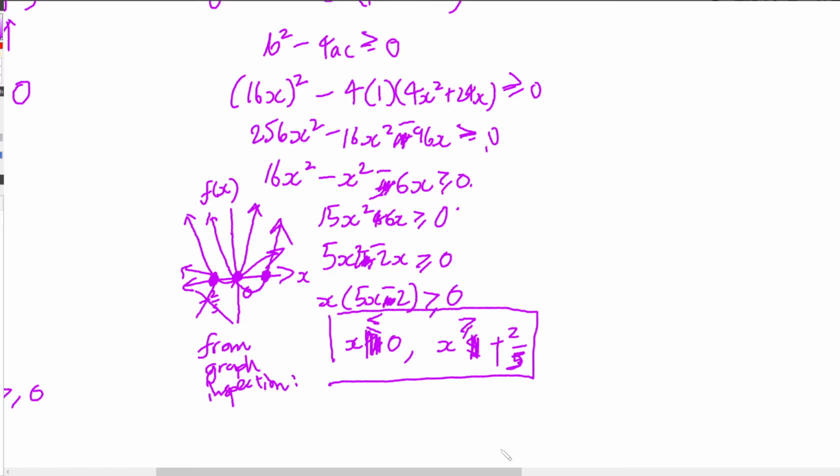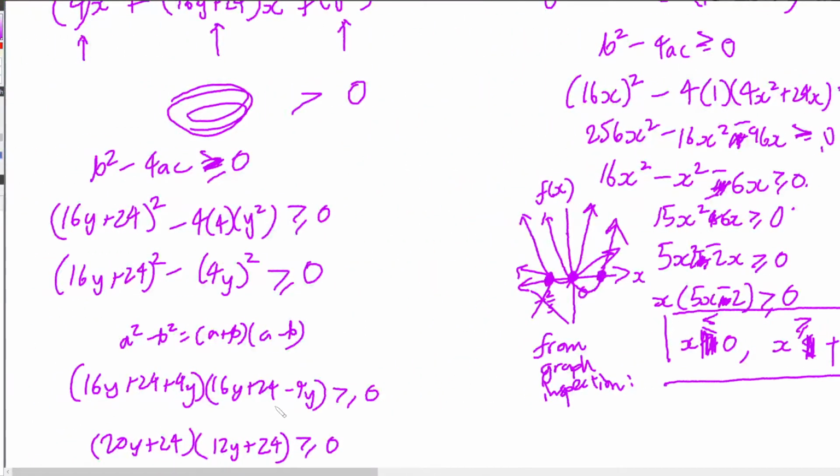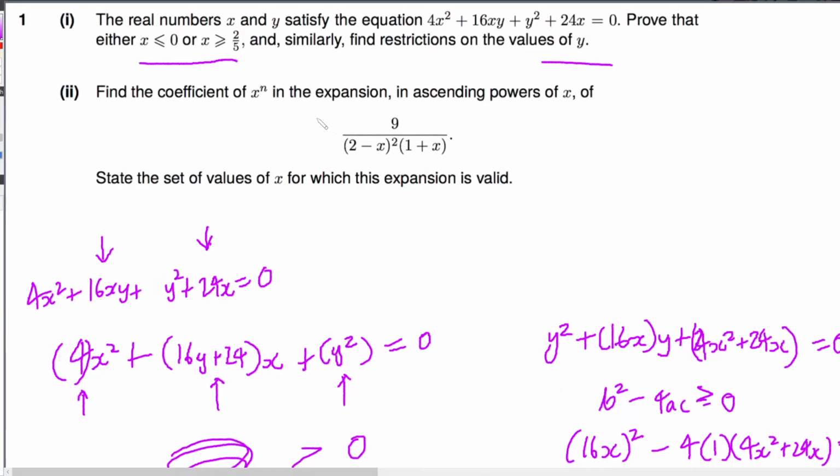Ultimately proving the restriction that the question suggested in the first place. So fundamentally, what you are doing in part 1 of this STEP question is taking some restrictions that are implicit in the question: the fact that x must be real, the fact that y must be real, and the fact that the equation in the question must be satisfied.